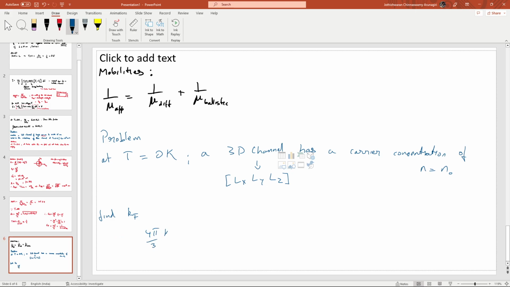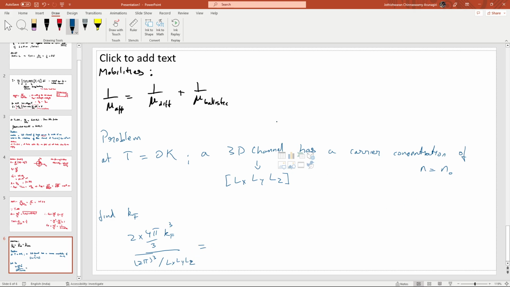So we will have 4 pi by 3 kF cube, multiplied by 2, divided by the volume of an individual cell, that will be 2 pi cube divided by Lx Ly Lz.